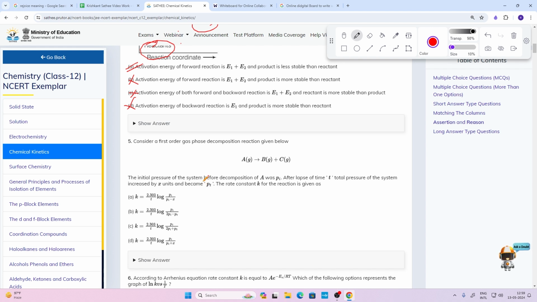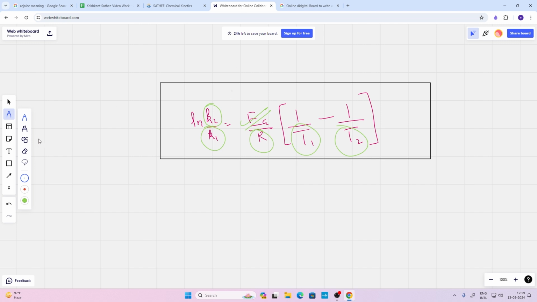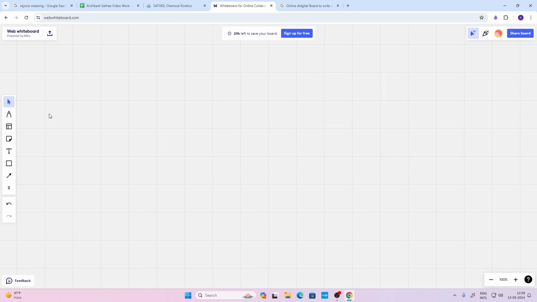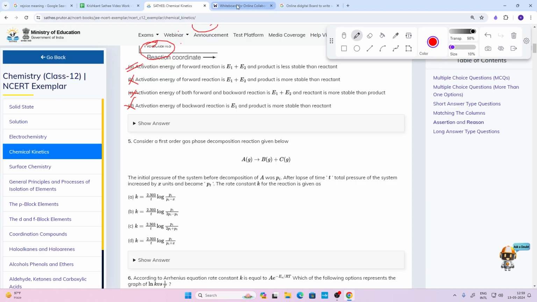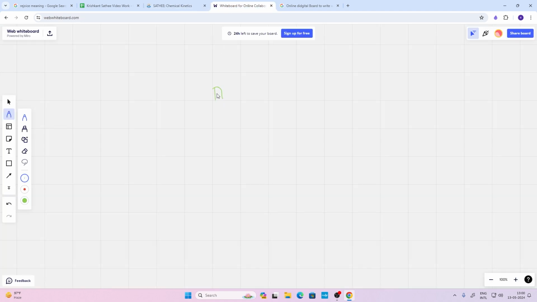So before decomposition, we have only A here. So our equation is A is going to B plus C.